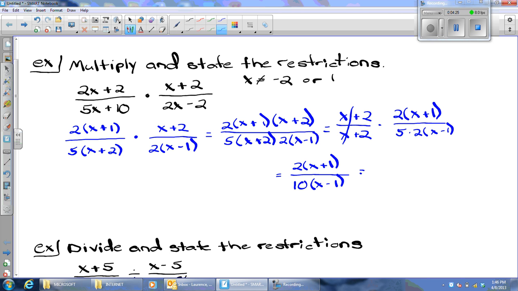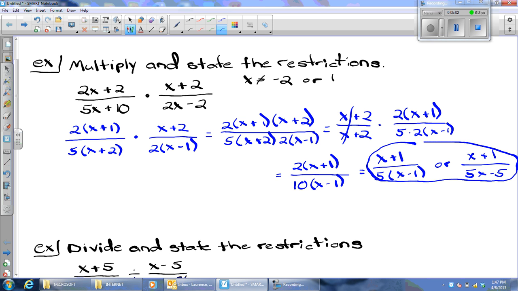Well, we can simplify that to x plus 1 over 5 times x minus 1. We could also write it as x plus 1 over 5x minus 5. Either answer is acceptable. So this is our final answer.